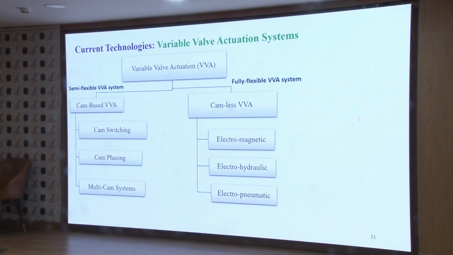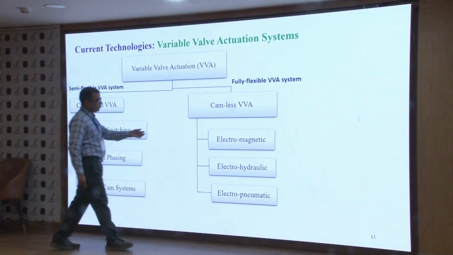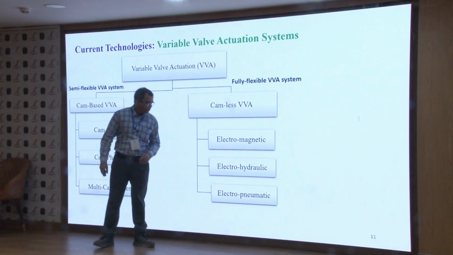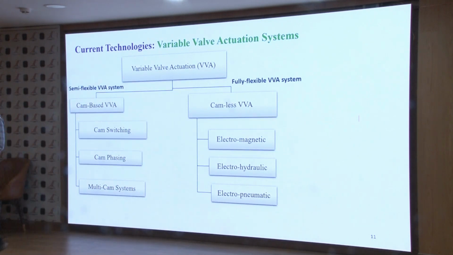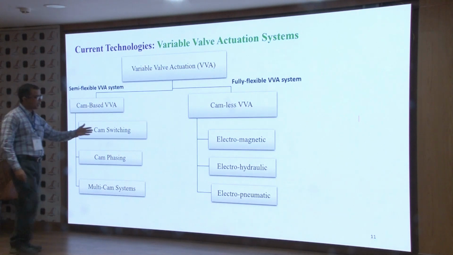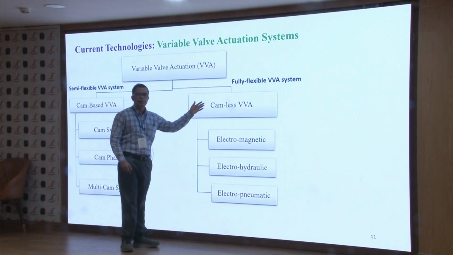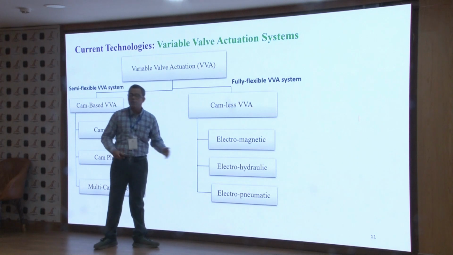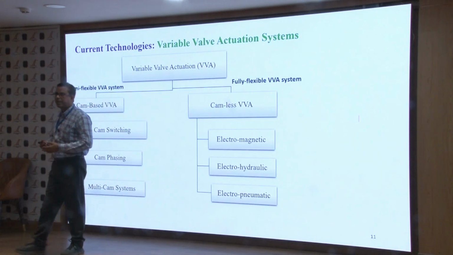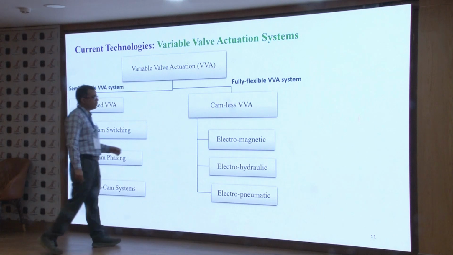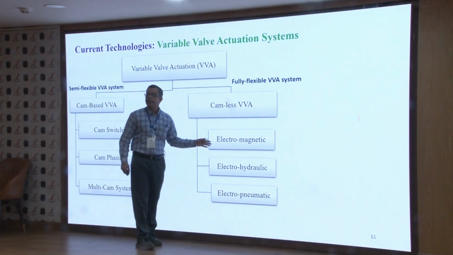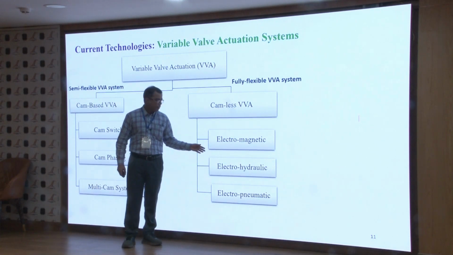There are three technologies: electromagnetic, electrohydraulic, or electropneumatic systems. All these three methods have pros and cons. It depends upon a thorough investigation of which one is best suited in terms of energy input and energy output conditions.